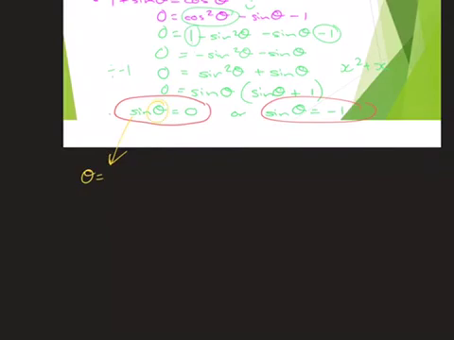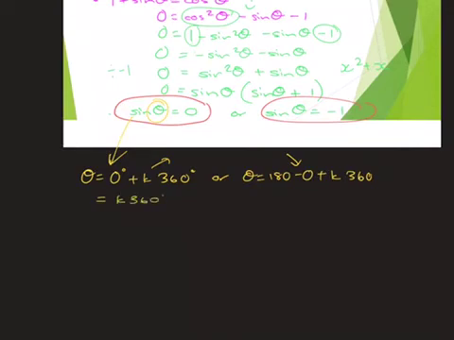So the angle we're solving for is theta equals 0 degrees plus k 360 degrees, or the other version is theta equals 180 minus 0 plus k 360. That's the upslope, that's the downslope. Study these formulas by heart. You can just leave off the 0 plus because that doesn't change and write it as k 360, or just 180 plus k 360 degrees.